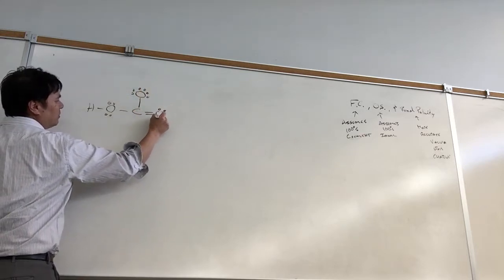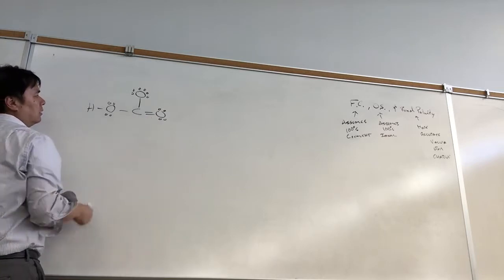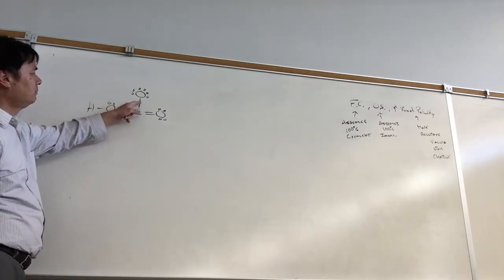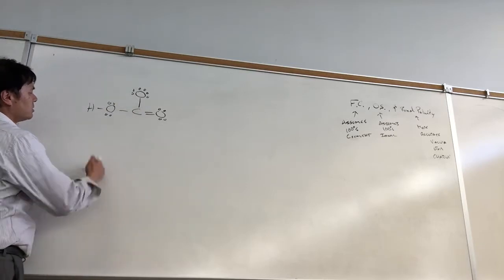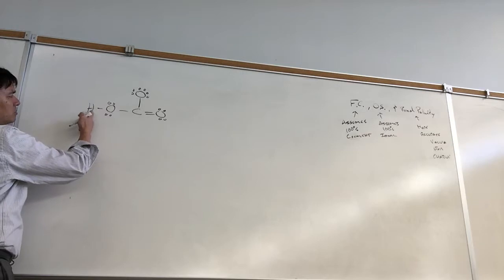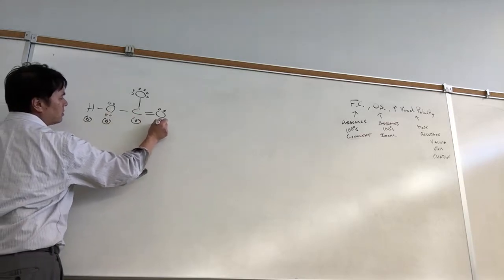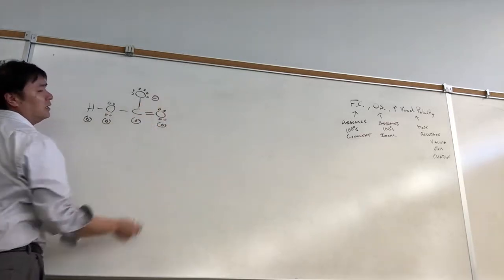So we made a double bond here. Is that where we had it? Okay, and now everything has an octet. But you look at the formal charges, okay, what's the formal charge on hydrogen here? Split it down the middle, it has 1 electron, it's supposed to have 1 electron. The formal charge is 0. On this oxygen, 0. This carbon, 0. This oxygen, 0. This is -1.